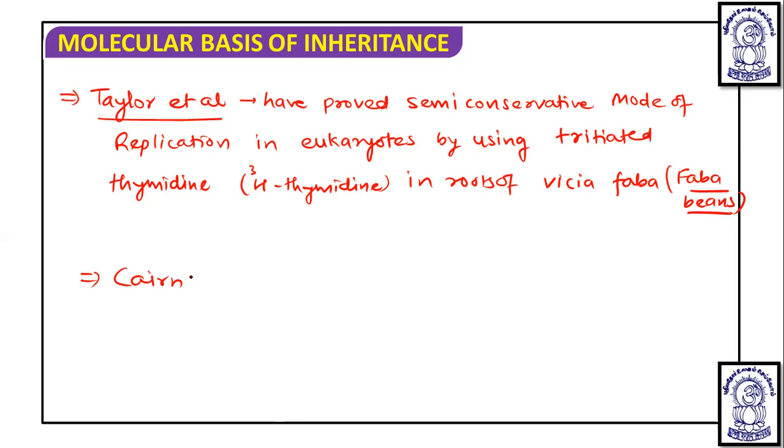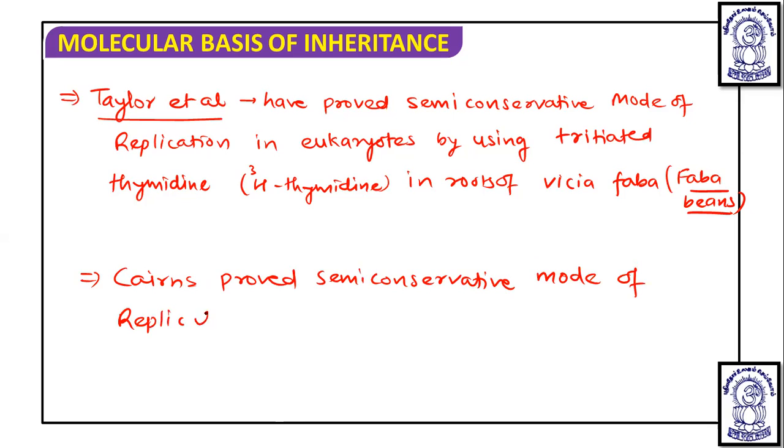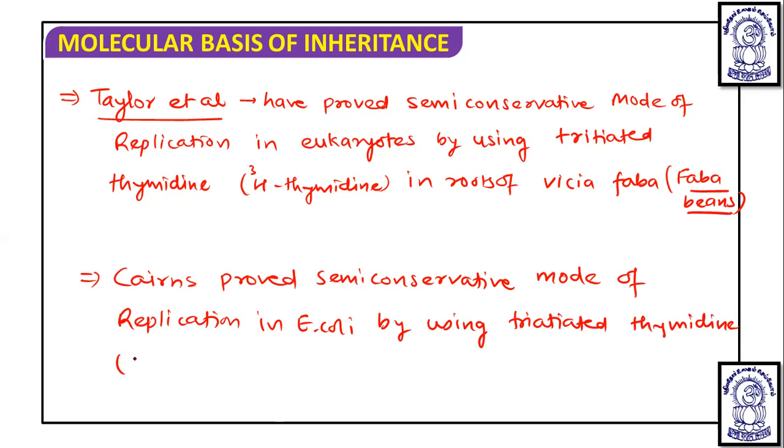Cairns was another scientist who proved the semi-conservative mode of replication in E. coli by using tritiated thymidine, that is H3 TdR, in an autoradiography experiment.